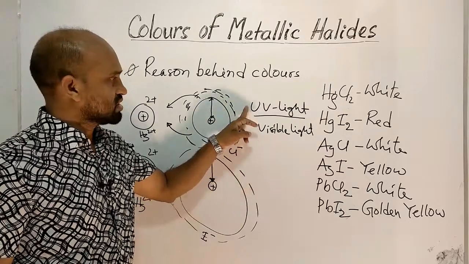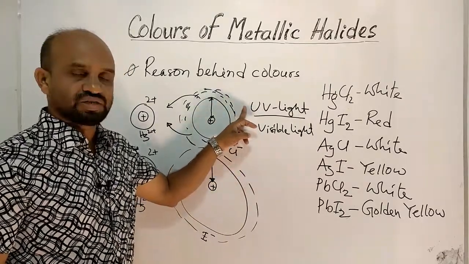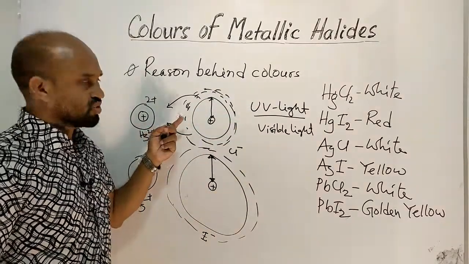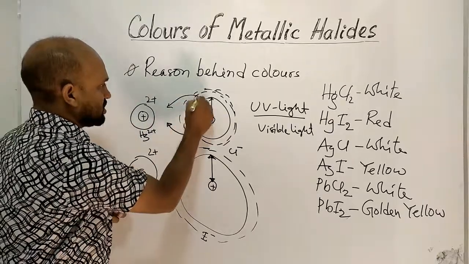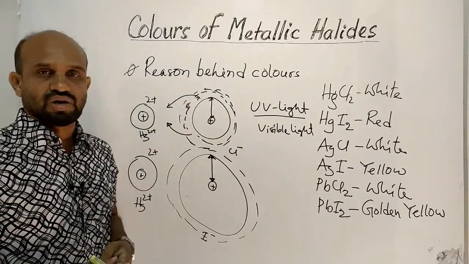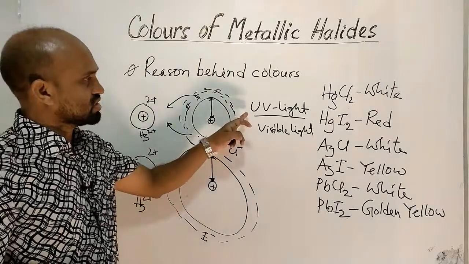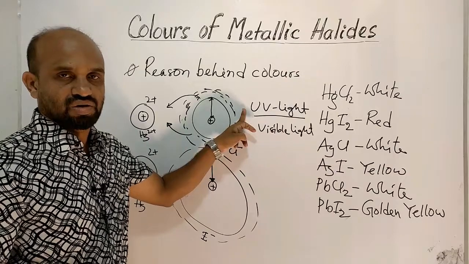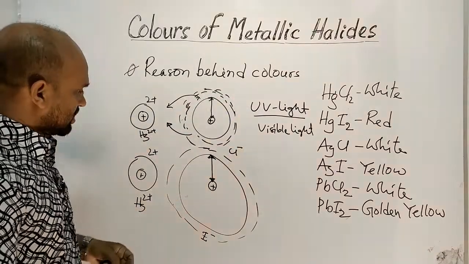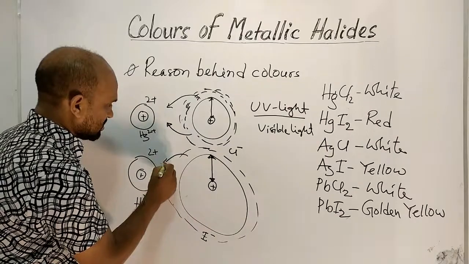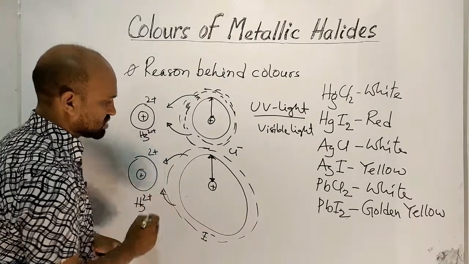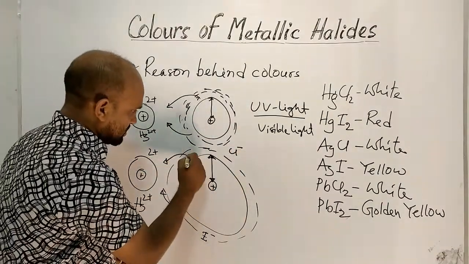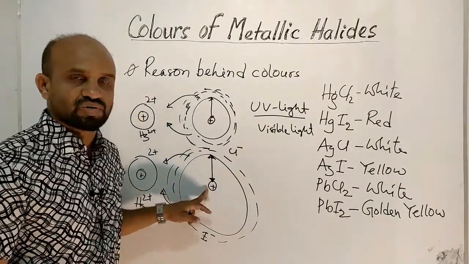UV is more energetic light than visible light because its wavelength is shorter than the wavelength of visible light. That is why this is more energetic radiation than visible light. So in this case, electron transition requires a high amount of energy, which is usually obtained from UV radiation. And here this electron transition requires less energy because this electron cloud is loosely bonded to the nucleus.